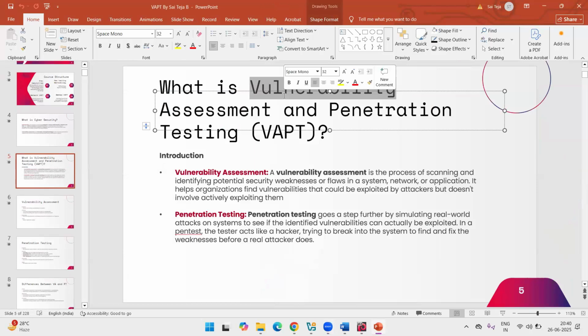Vulnerability assessment is a process of identifying potential security weaknesses or flaws in a system, network, or an application, and helping organizations find the vulnerabilities that could be exploited by attackers, but it does not involve actively exploiting them. So there are two things, right? You go and highlight and tell them, hey, there is a weakness. That is what vulnerability assessment is.